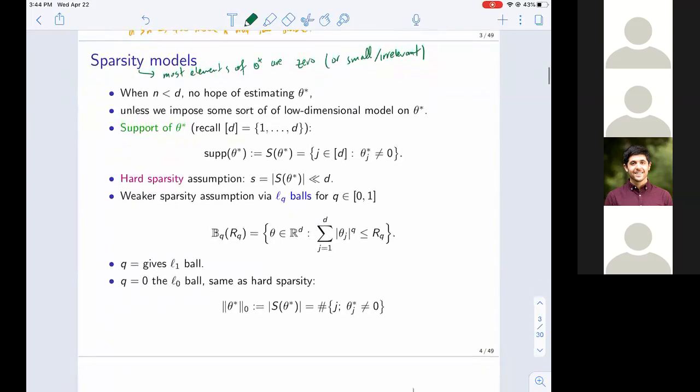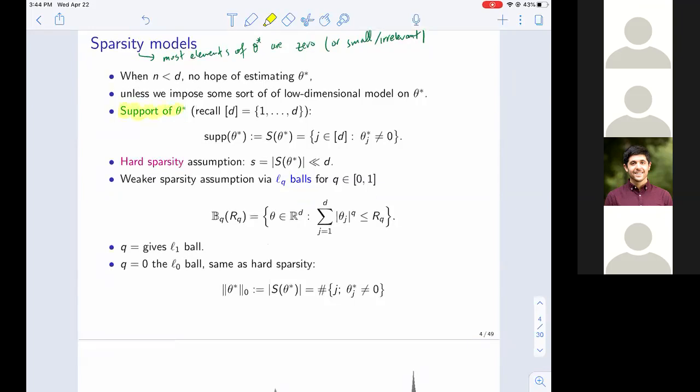The simplest form of sparsity assumption is assuming that theta star has many zeros. To formally define it, consider the support. The support of theta star is the set of indices j such that theta star j is non-zero.